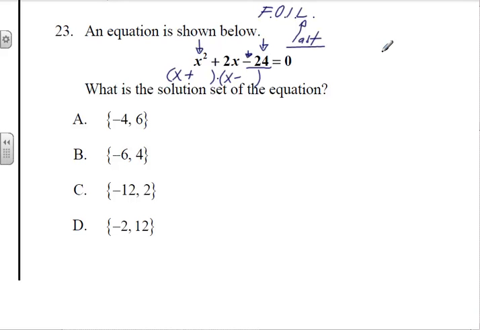Next step. In the next step, you're trying to find factors of negative 24 in such a way that they will add up to a positive 2. That's the way we learn how to factorize a trinomial, right? The easy way. Looking at the first term, if it's an x squared, then you have x and x. Last term, if it's negative, you have different signs in both binomials, right?